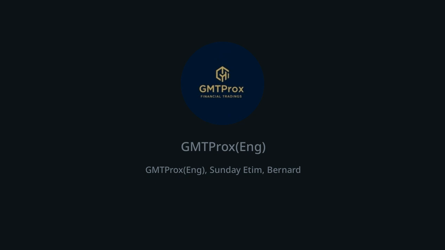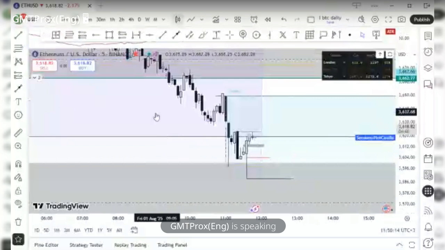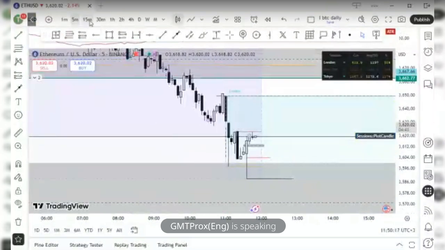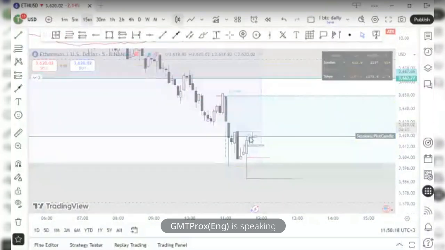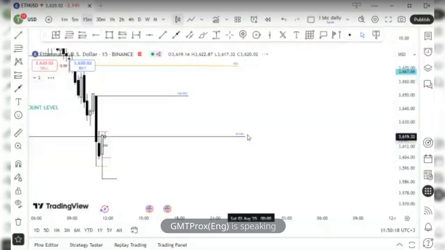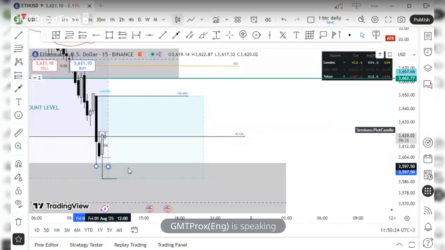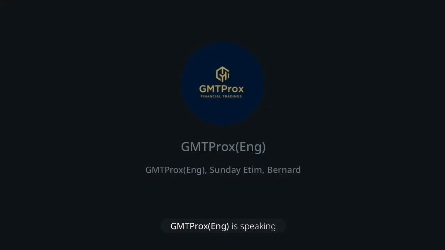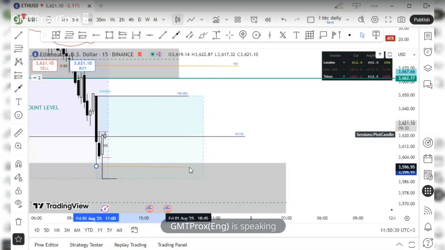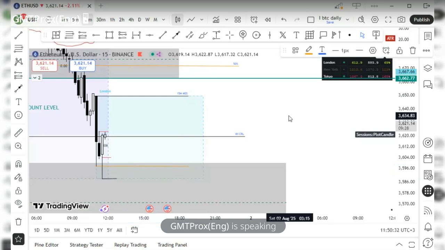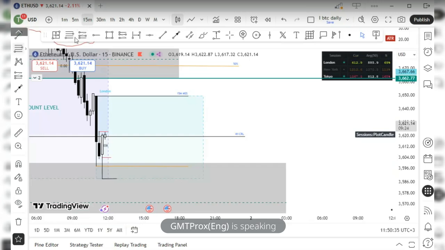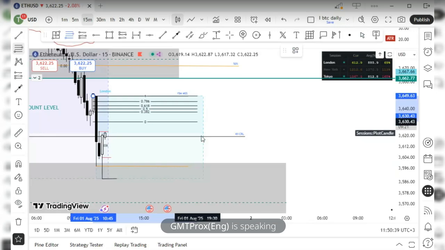Now, if this was our 15 minutes high, and this was our 15 minutes low, and you use the Fibonacci retracement, we are looking for a 50%.